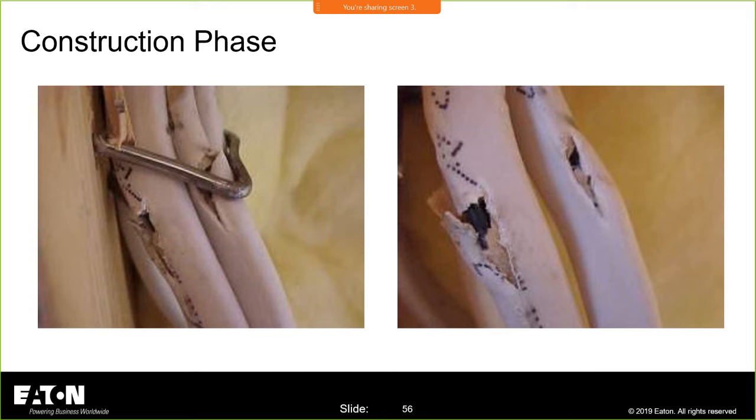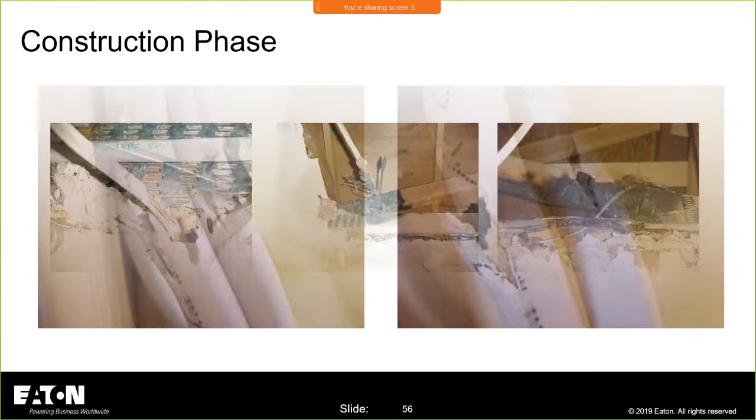And I used to think that you had to drive that staple nice and tight. In reality, you're not supposed to drive those staples, and the staples aren't supposed to have more conductors under them than you're supposed to. So this one was boogered up a little bit, not a pretty sight, but this stuff happens. So that was a damaged conductor.